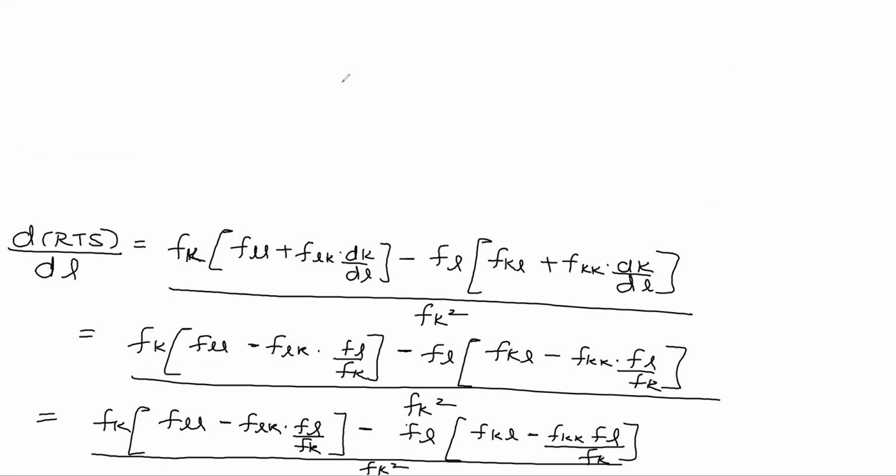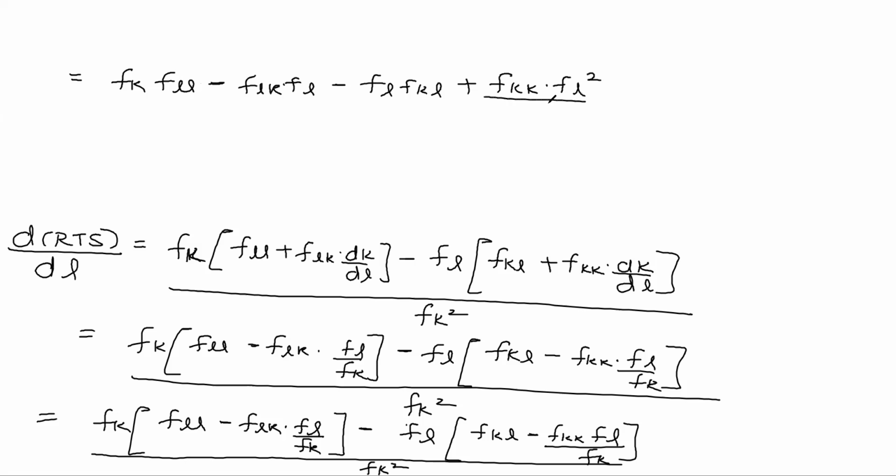So if we take the LCM now, I am opening up the brackets first: FK into FLL minus FLK FL minus FL FKL plus FKK into FL square upon FK, whole divided by FK square.